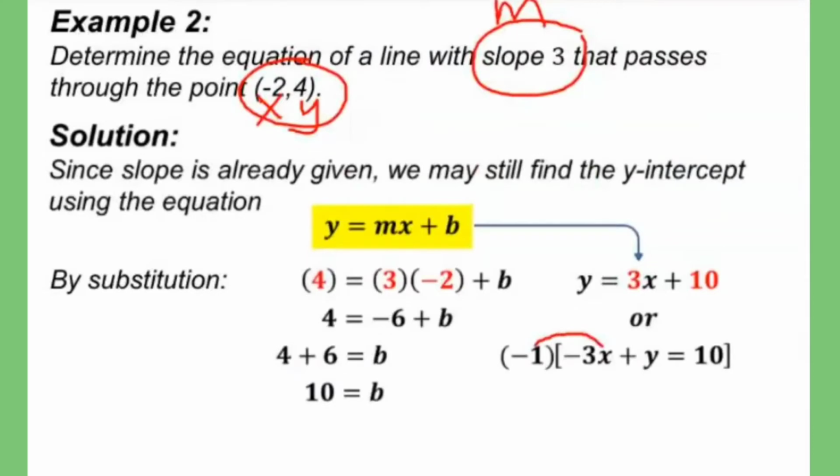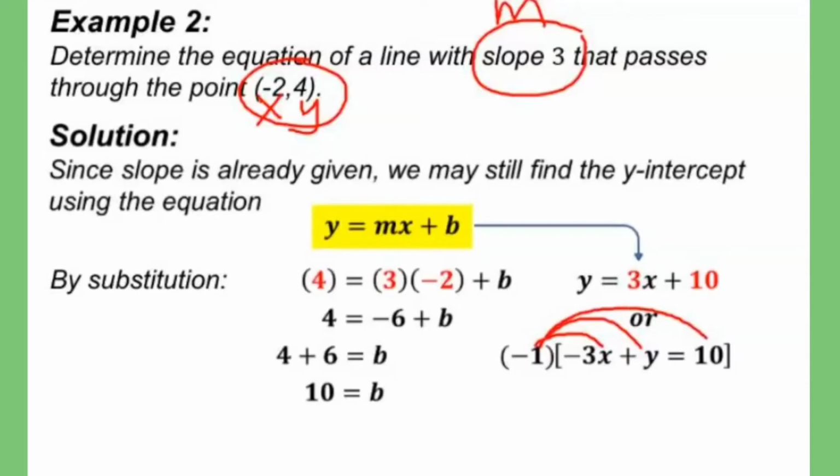Negative 1 times negative 3x, that would be positive 3x. Negative 1 times positive y, that would be negative y. And negative 1 times positive 10, that would be negative 10.